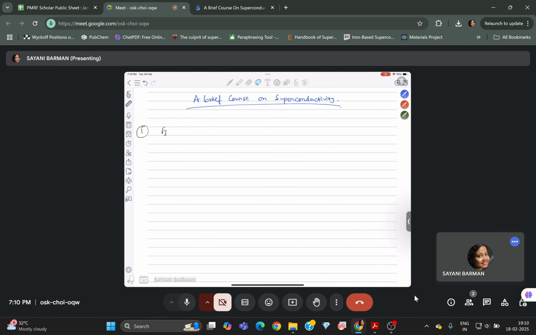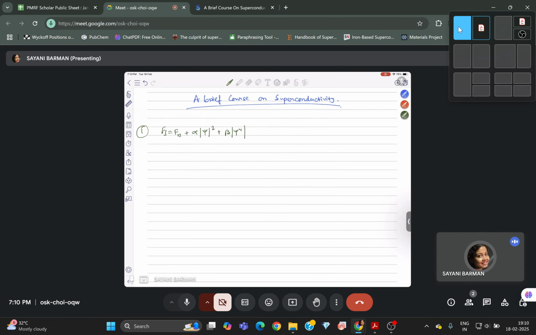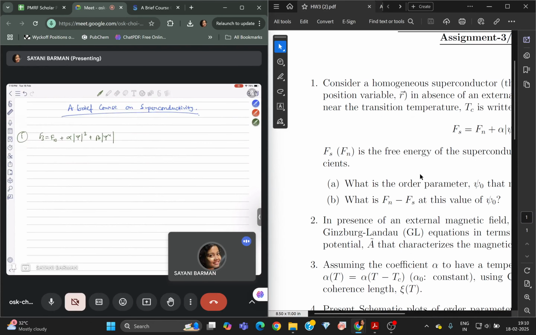Fs equals Fn plus alpha psi square plus beta psi to the power 4. I can do this, I guess.